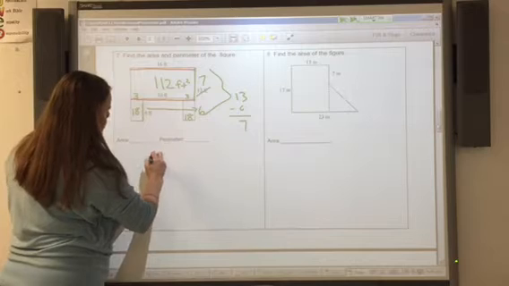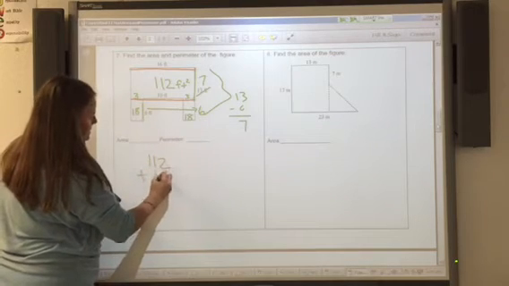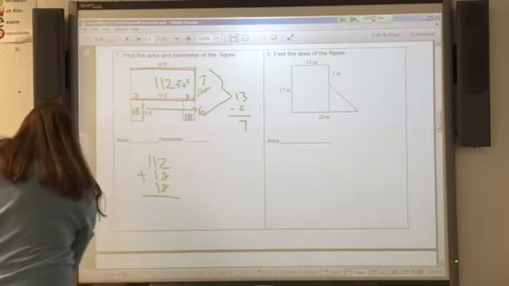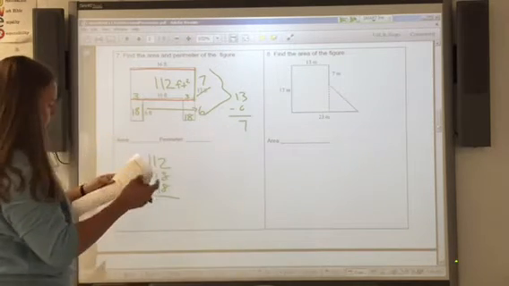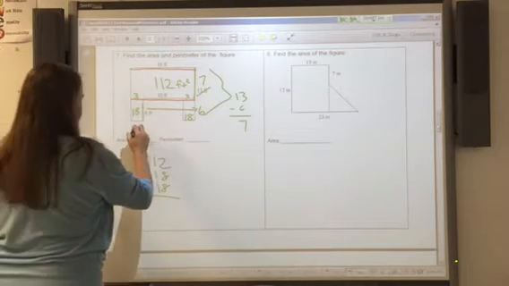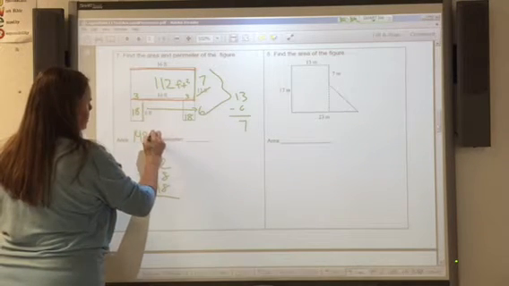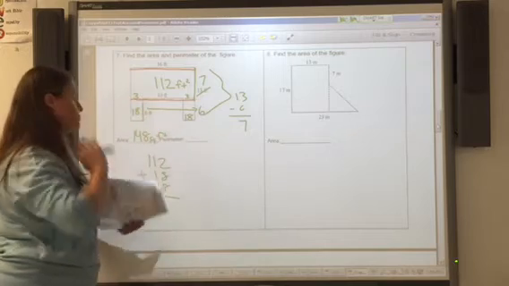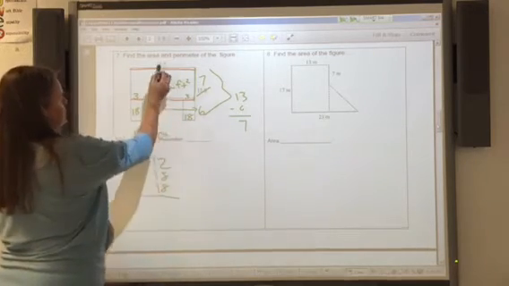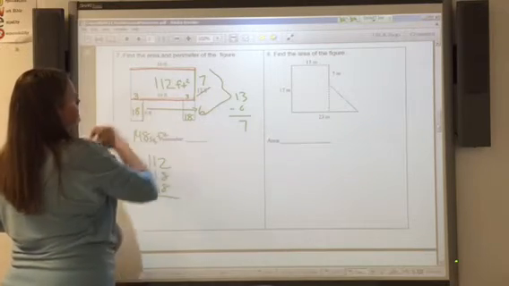So that's going to be 112 plus 18 plus 18. So the area in total is going to be 148 square feet.